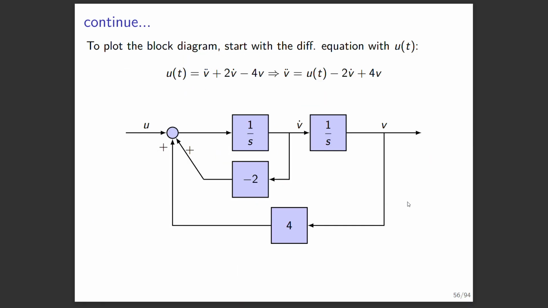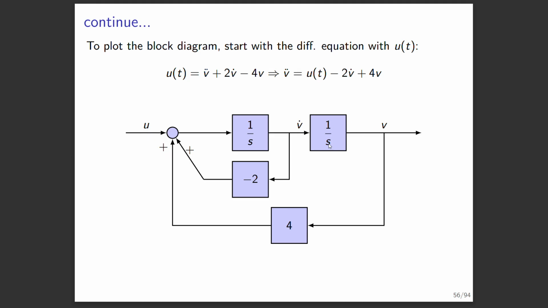And then for the block diagram, we do what we did before. We start with this equation. We are going to bring v and v dot to the other side. We are going to have v double dot equals u minus 2v dot plus 4v. We show a point on the page with v.